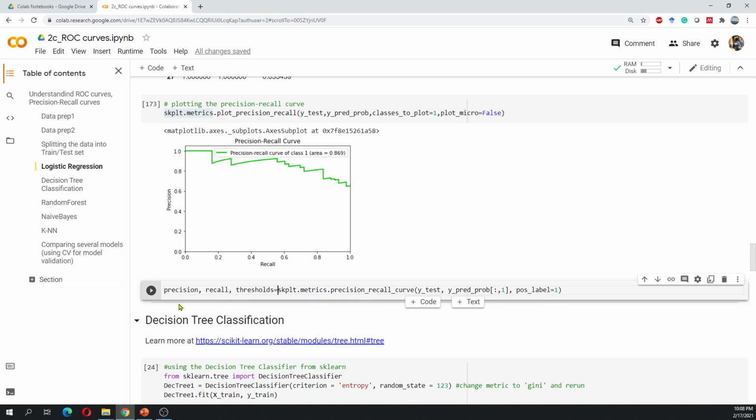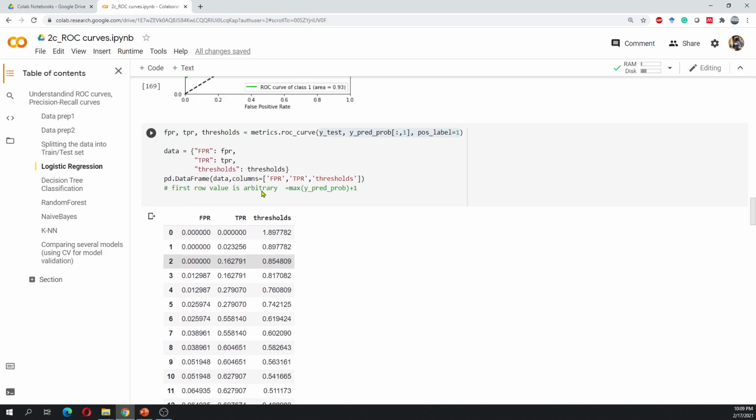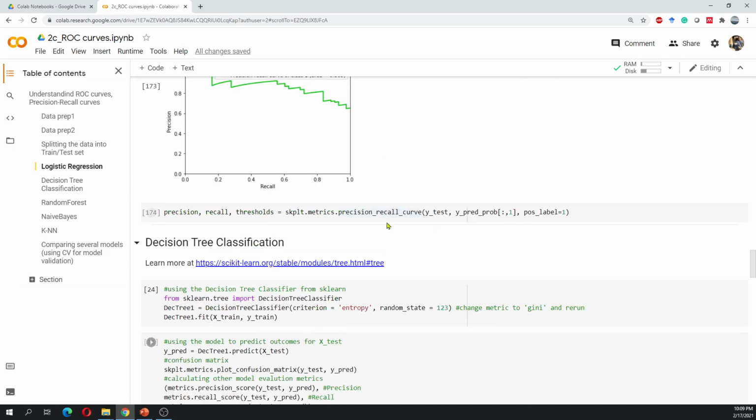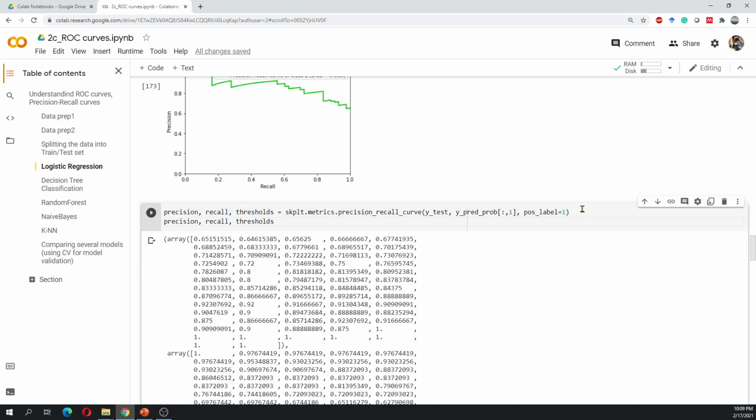This function, precision recall curve, gives us, similarly to what we had here, three arrays. I'm going to do something like what we did in this cell, just to have a nice data frame. Otherwise, let me show you. If I run this and just do this, see, it doesn't look that pretty.